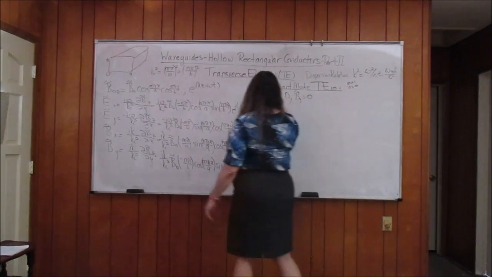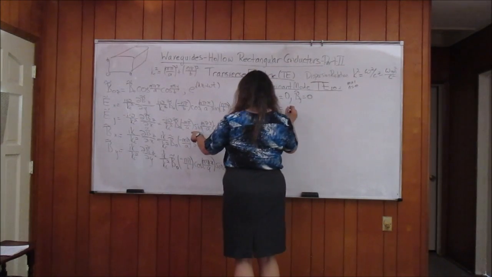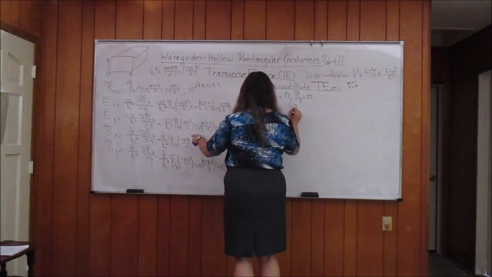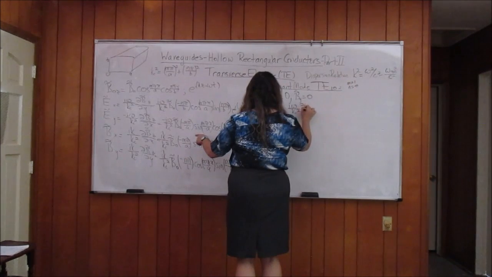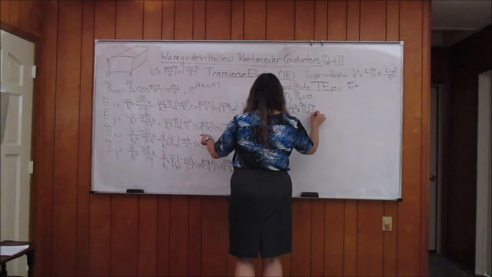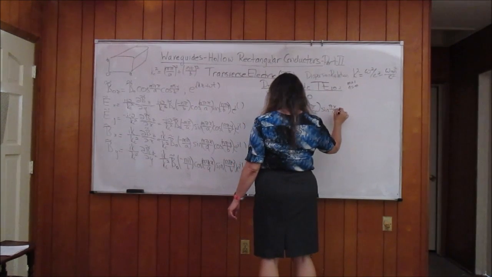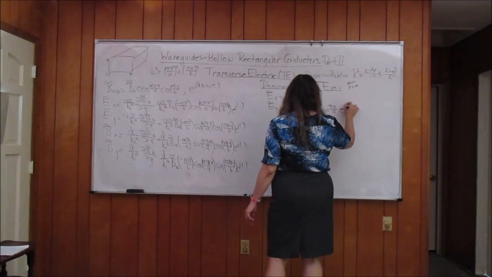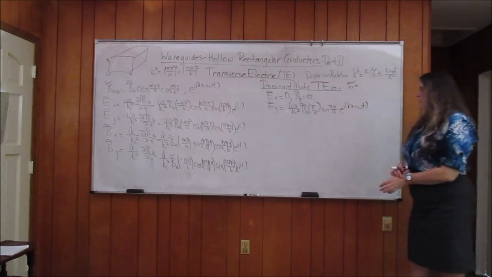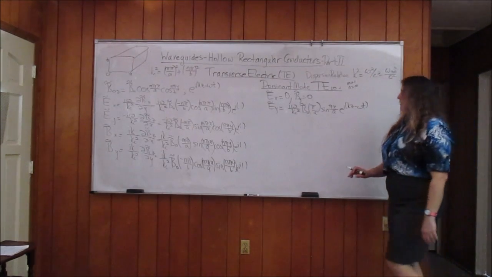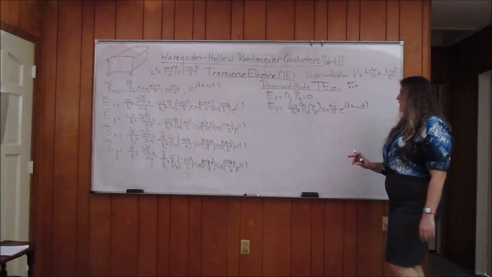E sub y, however, is equal to i omega over kc squared, the complex amplitude B naught, times pi over a, sine pi x over a, and e to the i kz minus omega t.